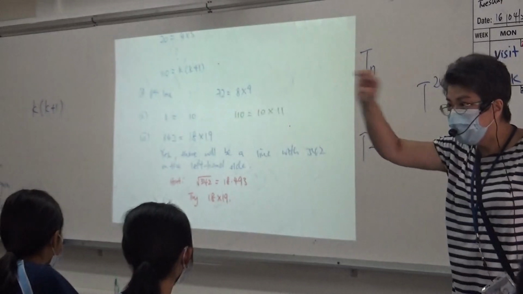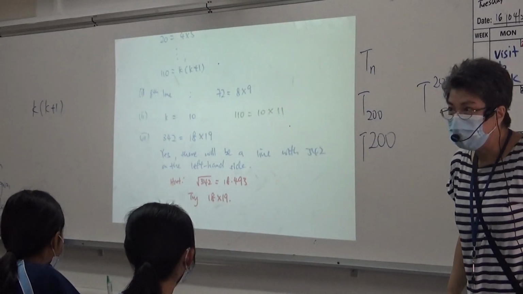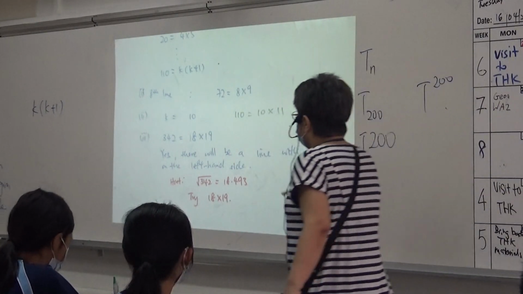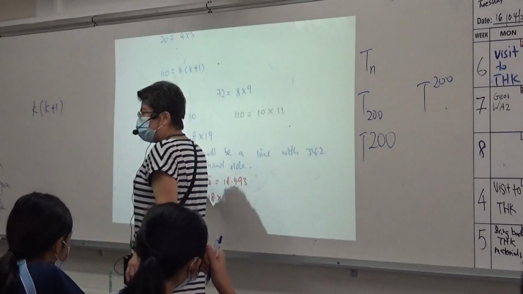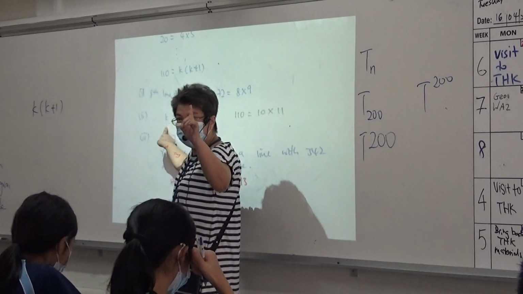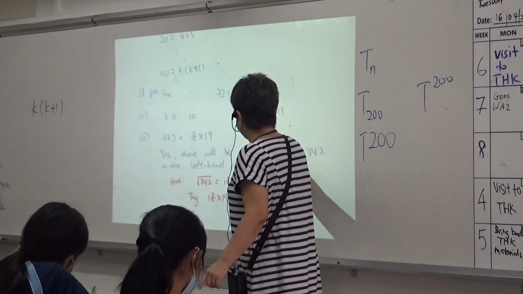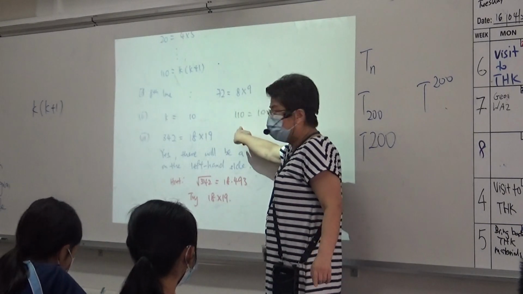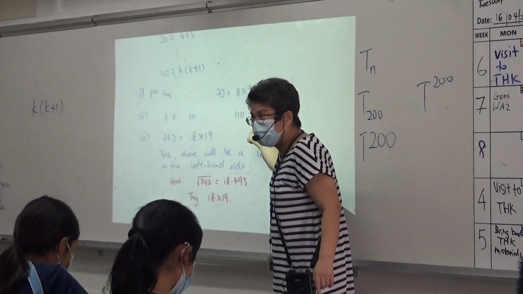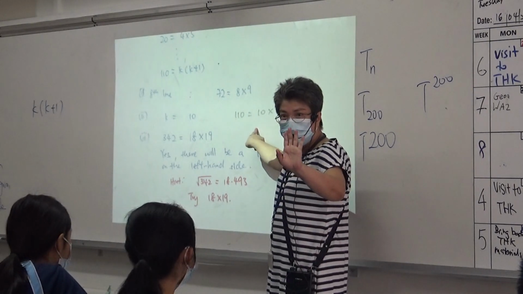Can you see 9, 9, 9? Understand? Okay. What's the value of K? This one by guess and check, you can get it. Do you agree K is 10? Because 10 times 11 will give you 110. This one must be 1 more than this one. Correct? This one guess and check can.